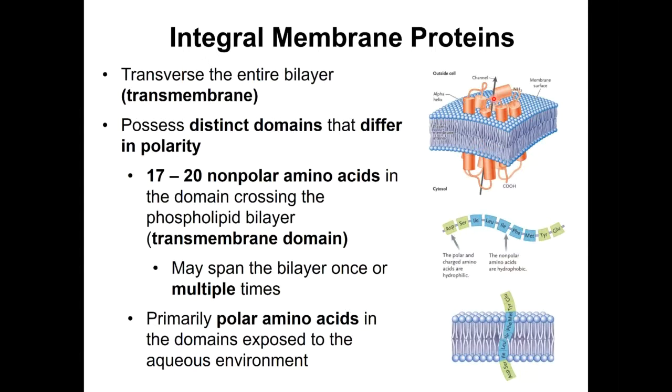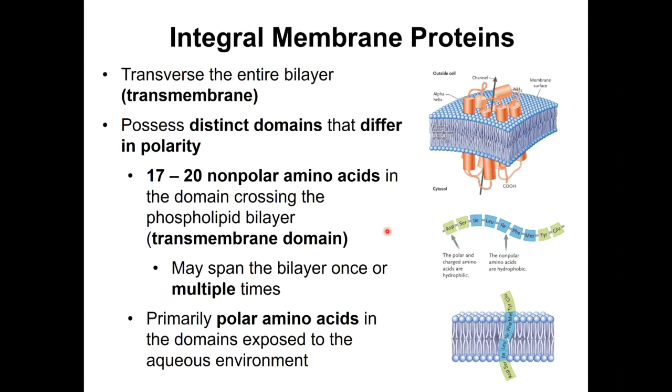Now, proteins that are integral have to go through the phospholipid bilayer. And in order to do that, they have to have specific properties which allow them to embed within a hydrophobic environment, like the phospholipid bilayer. And of course, they also have to have properties that allow them to be in the aqueous environment, either outside or inside or on both sides of the cell membrane. And so integral membrane proteins have a common property of having what is called a transmembrane domain, which consists of 17 to 20 nonpolar amino acids that can span the membrane.